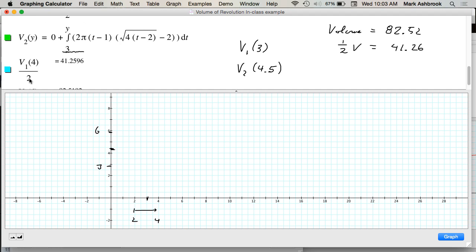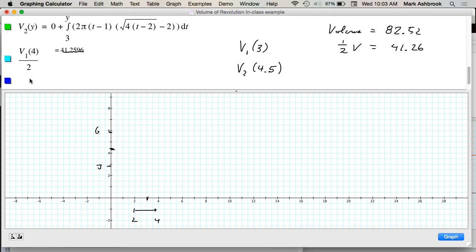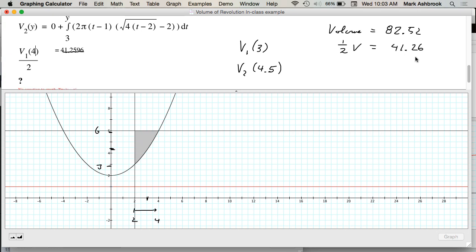Well, at least undo works, but I can't get down to the bottom. I don't think there's any way I can do it here. Anyway, it'll be greater. I wanted to show you, but it will be greater than 41.26, but obviously less than 82.52.